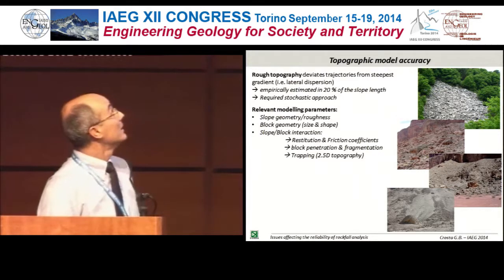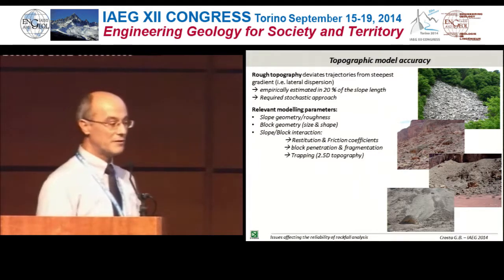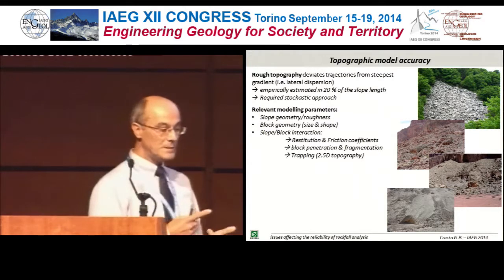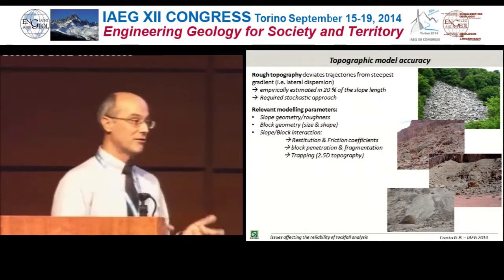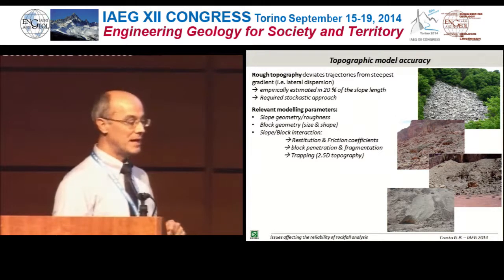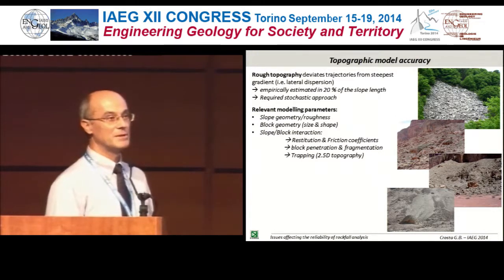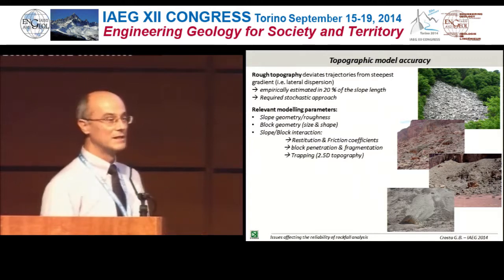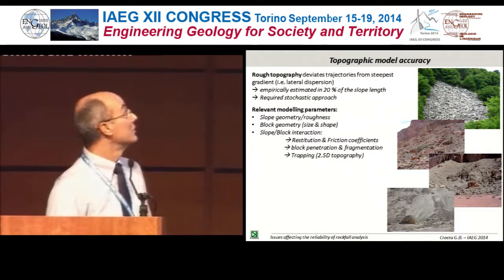And at the same time, topographic modeling is controlling the slope geometry, the roughness, the interaction between block geometry and slope geometry, and it is controlling most of the parameters that we are normally introducing within the simulation.